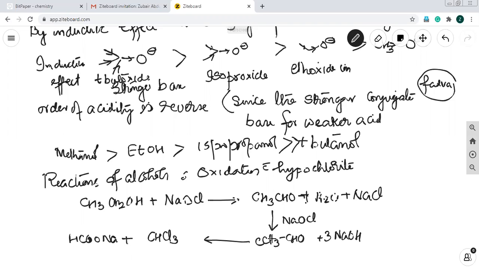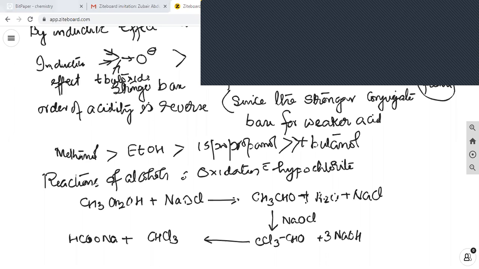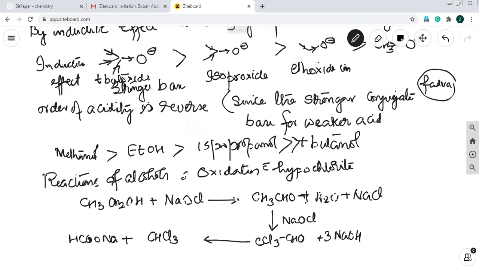Second, even though it's a substitution, that is also an oxidation reaction because 3 hydrogens are removed and the chlorine is put. So removal of hydrogen is also oxidation. You can say that way. And the third reaction is an acid-base reaction.